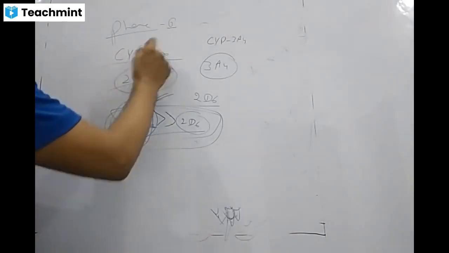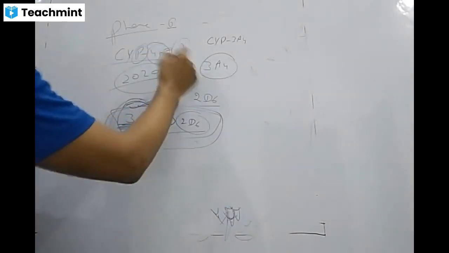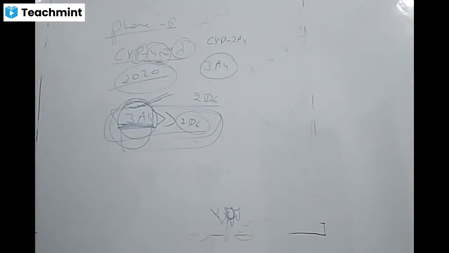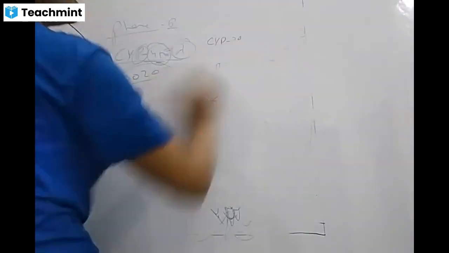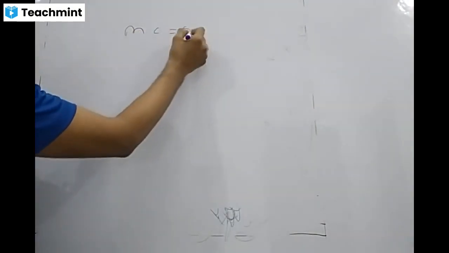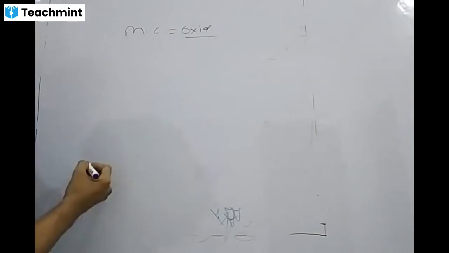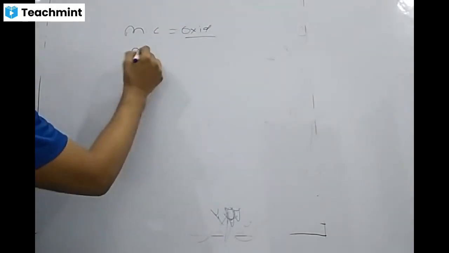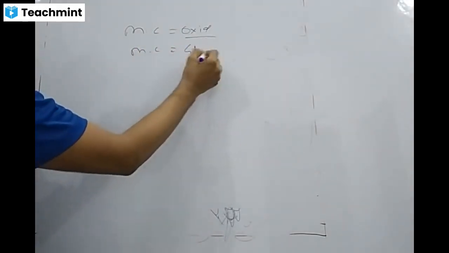P for pigment and 450 is nothing but the wavelength that is absorbed by these pigments. Out of phase 1 reactions like oxidation, hydrolysis, reduction, many reactions, if the examiner asks which is most common, the answer will be oxidation. Out of phase 2, which is most common, that is glucuronidation.